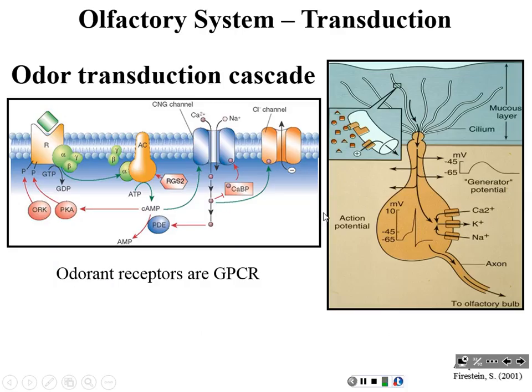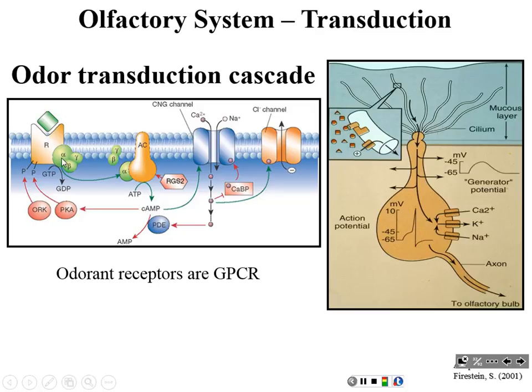In the cilia, we have the sensory receptors, the olfactory receptors that are going to detect the odor. These receptors are GPCRs, G-protein-coupled receptors, and here is a representation of one of them. The odor molecule binds, and the same that I described for the gustatory cells applies here.